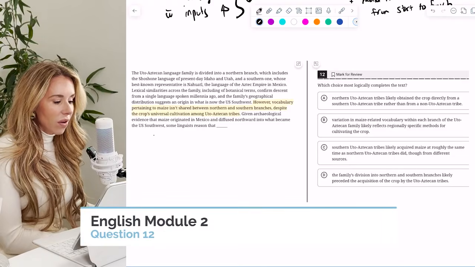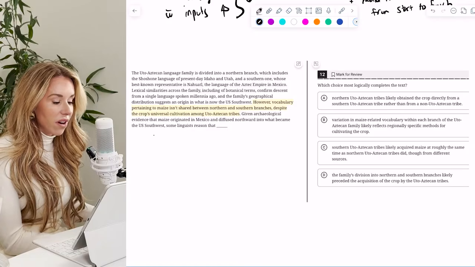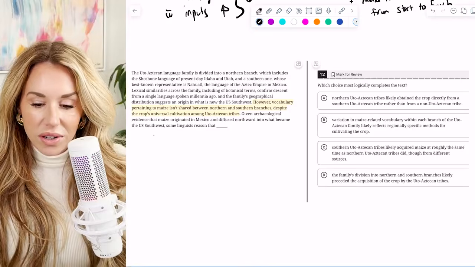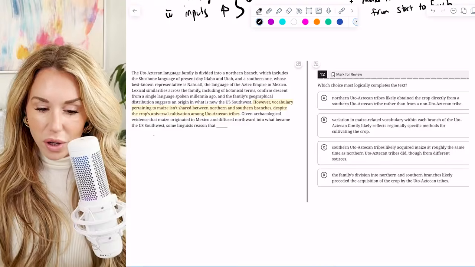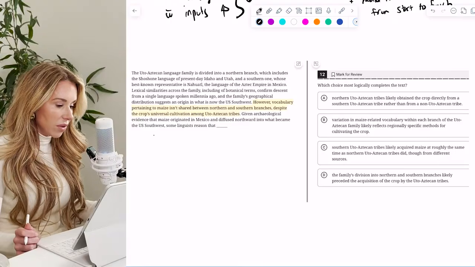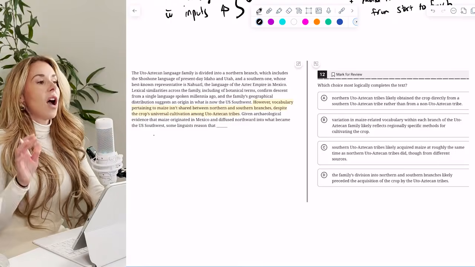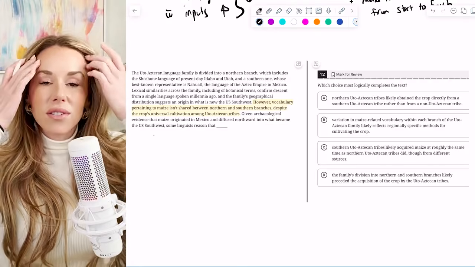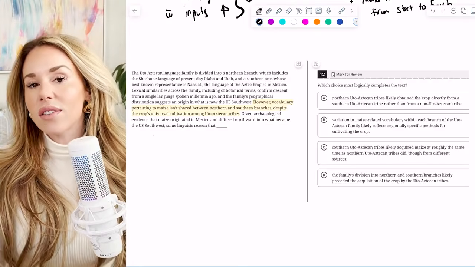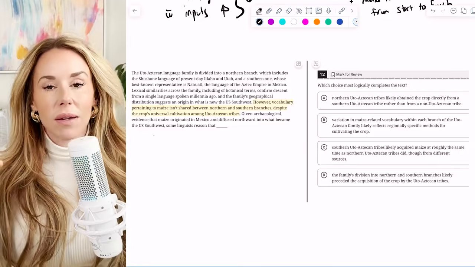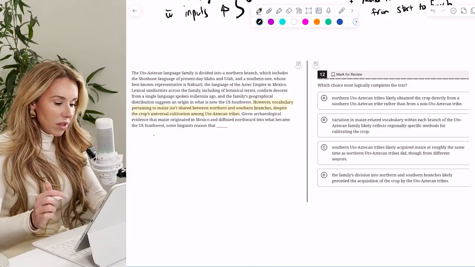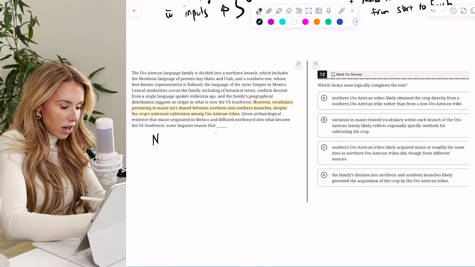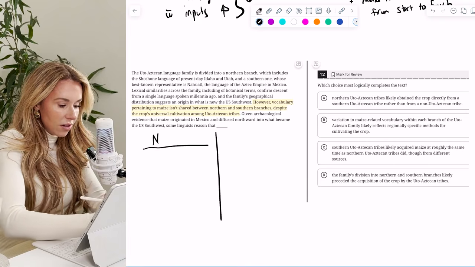We have the Uto-Aztecan language family is divided into a northern branch, which includes the Shoshone language of present-day Idaho and Utah, and a southern one, whose best known representative is Nahuatl. Okay, already I'm noticing they're going to be talking about two different things, and since it's logically completes the text, this is a good time for me to annotate so I can keep track of what is what. So what I'm going to do is put a T-chart. I love T-charts, guys.